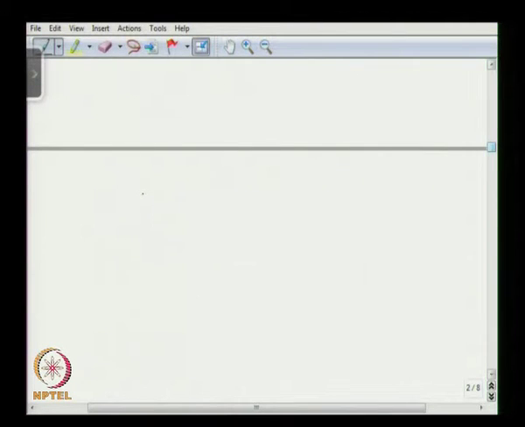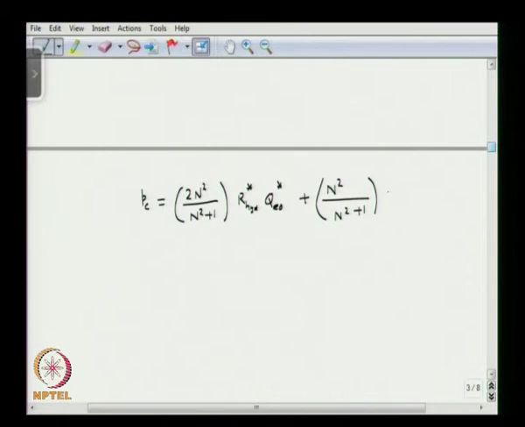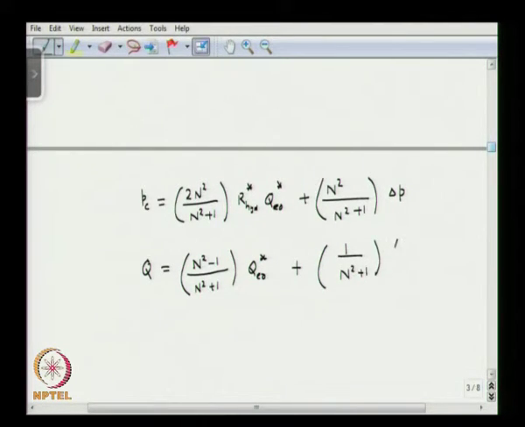So, if you solve, we will get Pc equal to 2n² divided by (n² plus 1) into R hydraulic star Q electroosmotic star plus n² divided by (n² plus 1) into delta P. Similarly, we can say Q, the flow rate, equal to (n² minus 1) divided by (n² plus 1) into Q electroosmotic star plus 1 over (n² plus 1) into delta P divided by R hydraulic star.